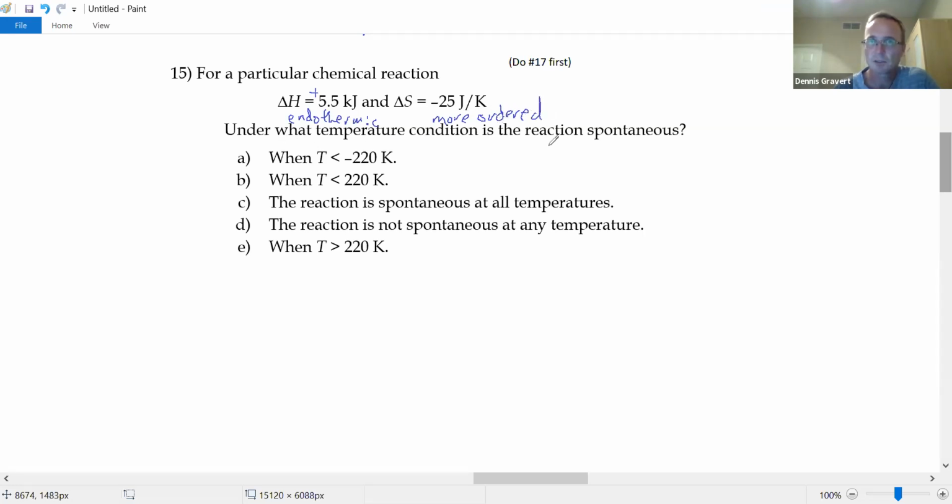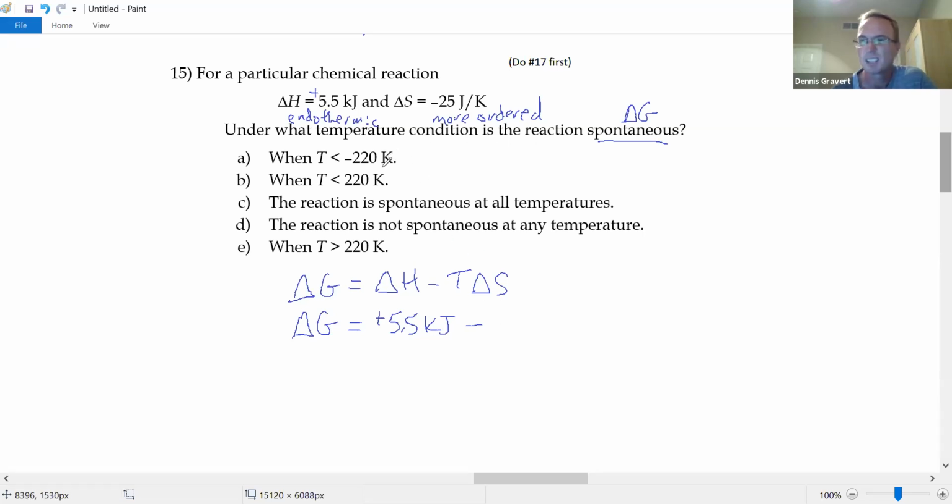And then under what temperature condition is the reaction spontaneous? Spontaneous, that's delta G. And so what we want is delta G equals delta H minus T delta S. So let's find out. We got numbers, let's calculate it. Okay, delta G, I want to know that number. Delta H is a positive 5.5 kilojoules minus temperature.